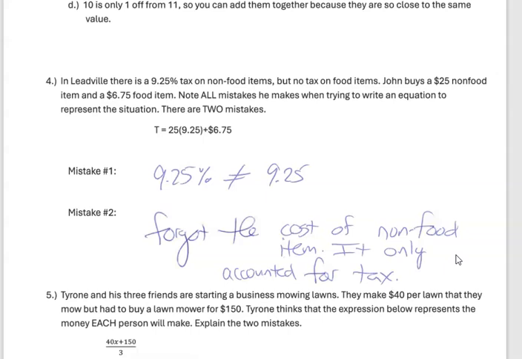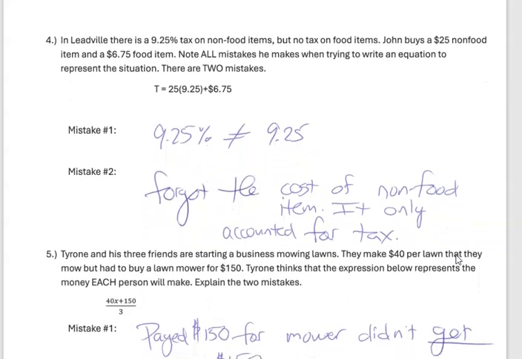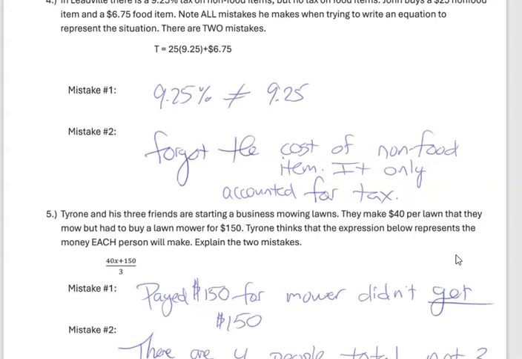It's not. It's 0.0925. The other thing is when you go over and buy something from the store, you don't only pay tax. You have to pay tax on top of the cost of the item. So not only did they pay the tax, which is 25 times 0.0925, but they also had to add another 25, which was them paying for the actual item. Those were the 2 things. They represented 9.25% incorrectly, and then they did not add the cost of the item.